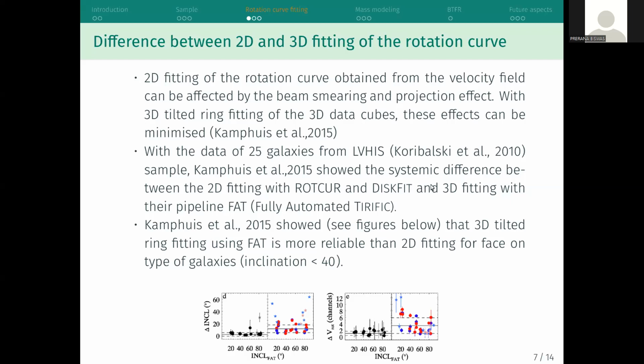So as a study, Kamphuis et al. studied the difference between the 2D and the 3D fitting with 25 galaxies from the LVHIS sample.